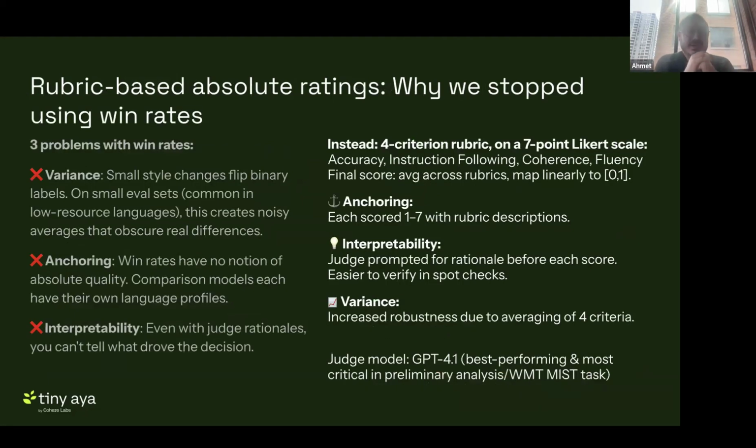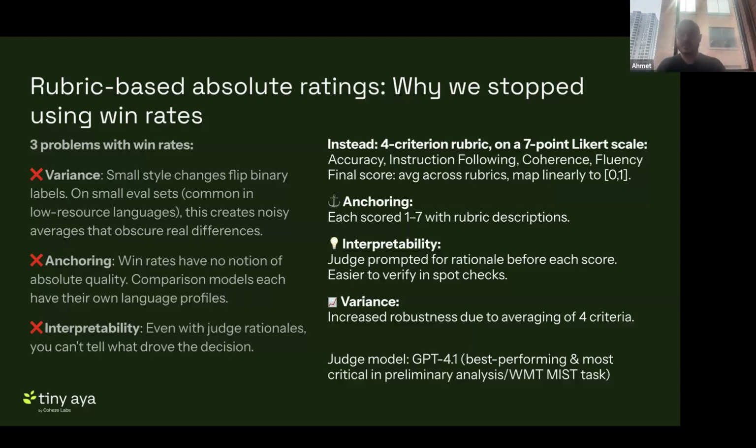So instead of using win rates, we used rubric-based evaluation with different criteria. There we use four criteria: accuracy, instruction following, coherence, and fluency. And we use a 7-point Likert scale, so that we get a balanced evaluation that is also free from this anchoring problem.